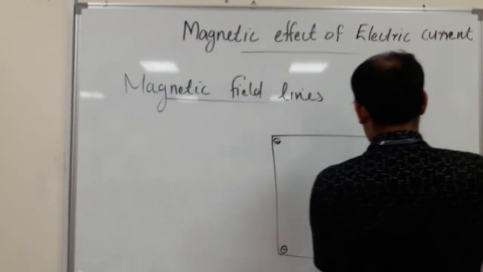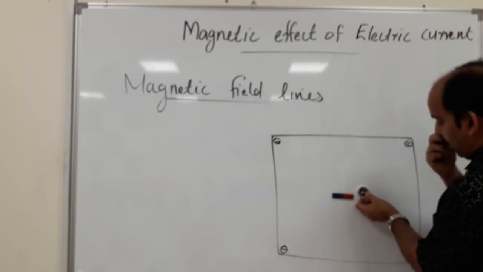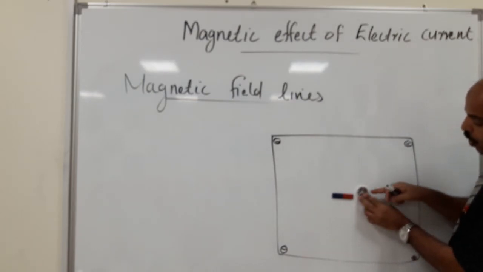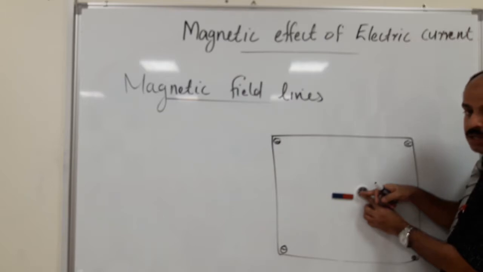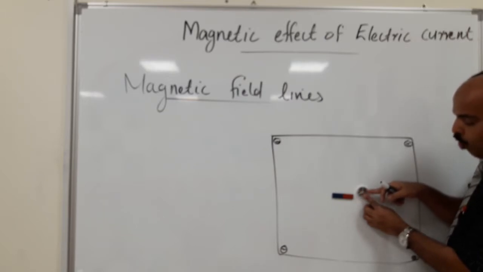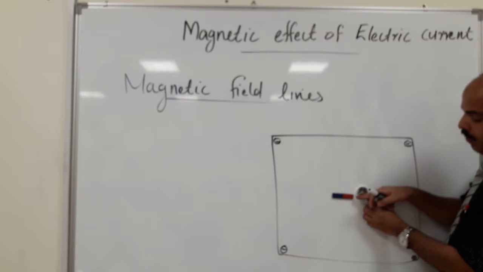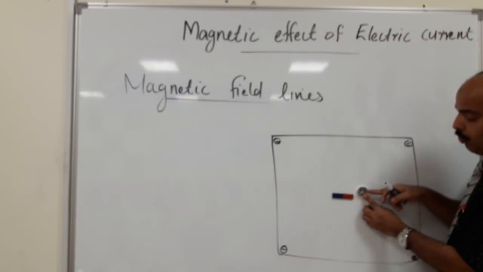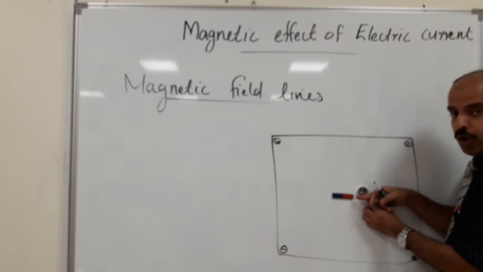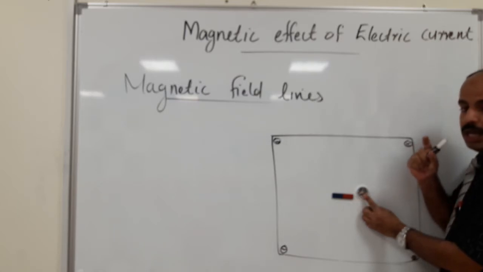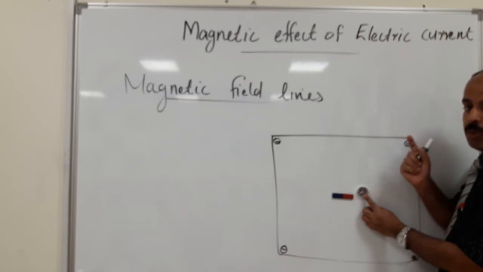Now you can see that the south pole of the compass needle points towards the north pole of the bar magnet, right? And the north pole of the compass needle is directed away from the north pole of the bar magnet, because you know that like poles repel each other, unlike poles attract each other.